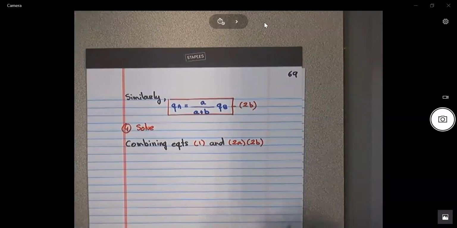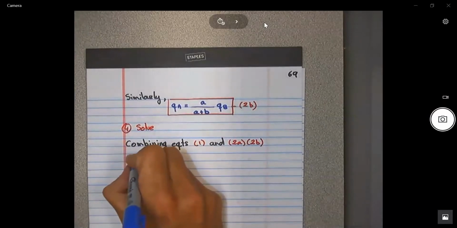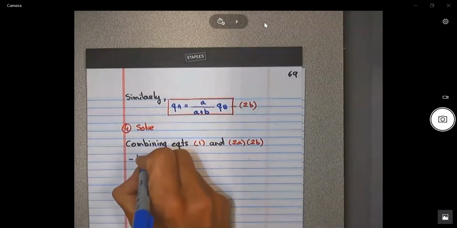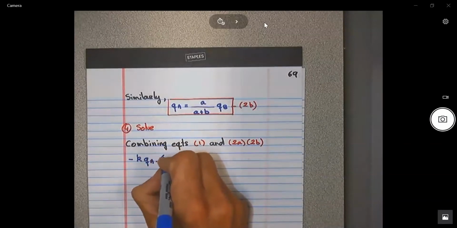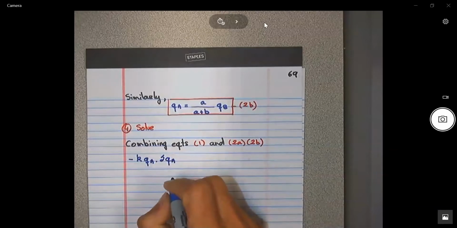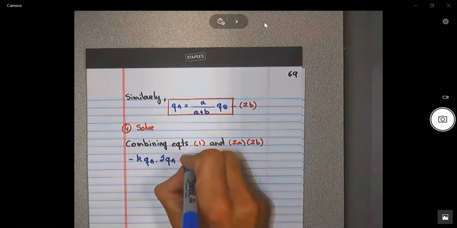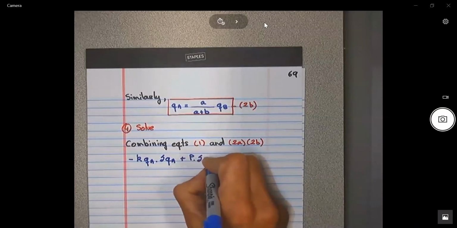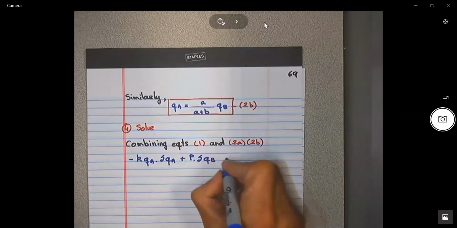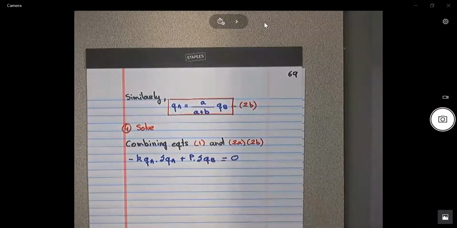Equation 1 was minus k q sub a delta q sub a plus p delta q sub b equal to 0.